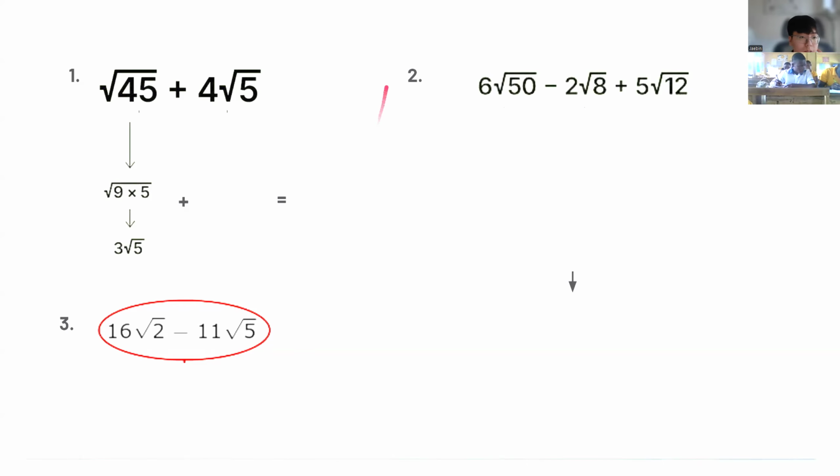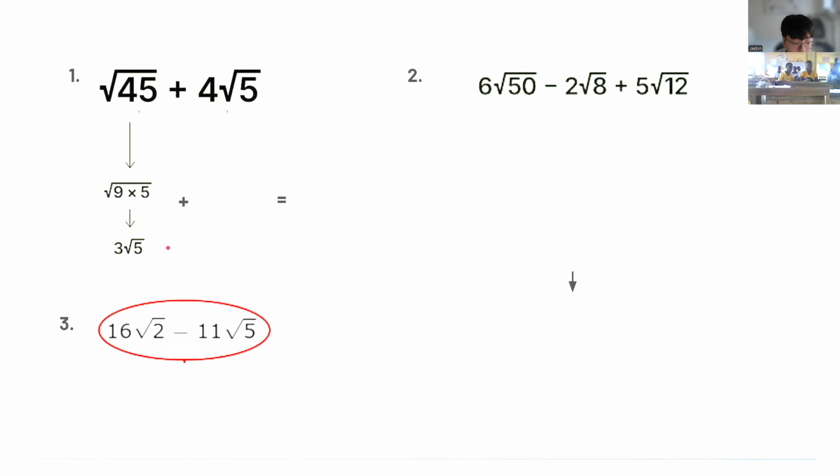Did you get a solution for question one? Let's try to solve it together. Square root of 45 is square root of 9 times 5, right? And square root of 9 is 3.